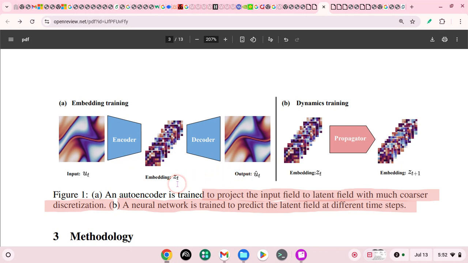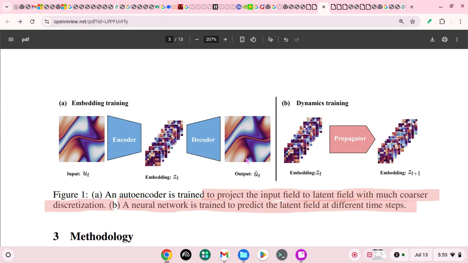This embedding is then good enough to build a low dimensional dynamical system, which is built using a propagator, a convolutional neural network operator, with input Z_t and future output Z_{t+1}, and that is fed again into the decoder to get the original output.